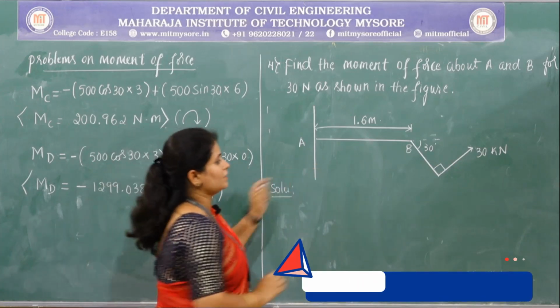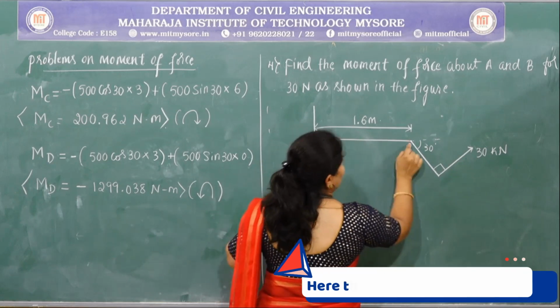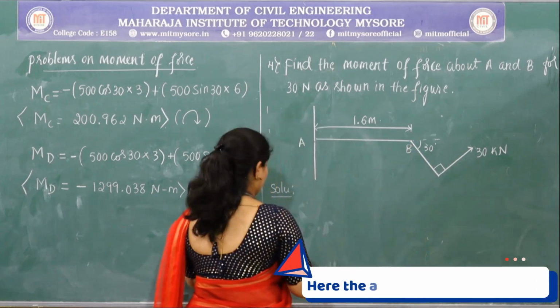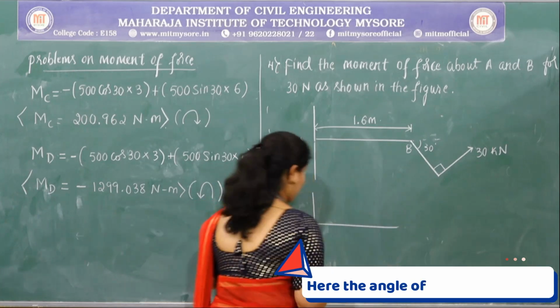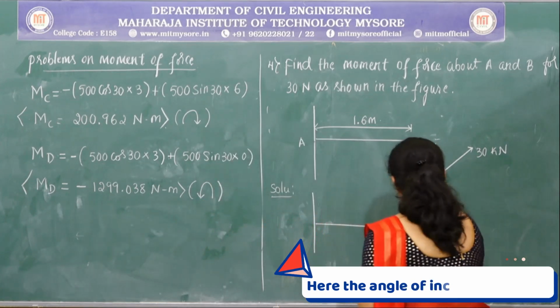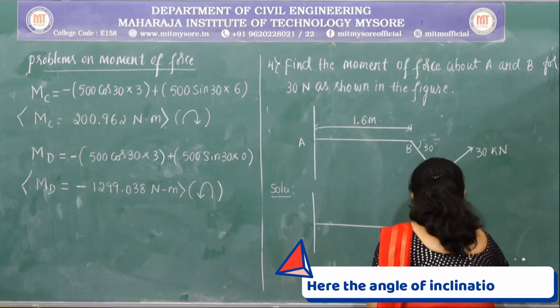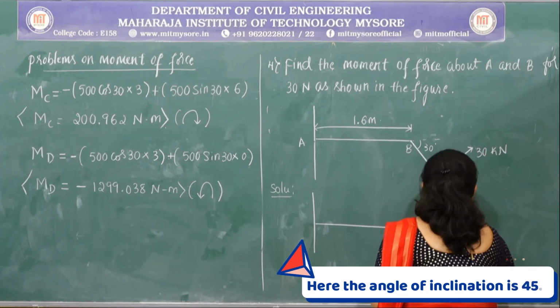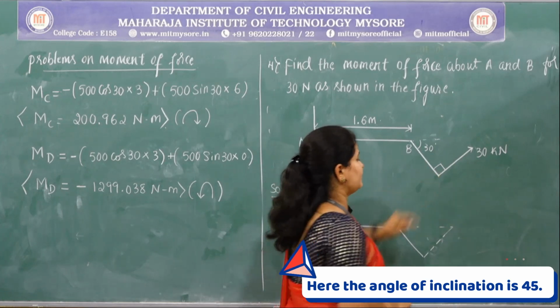We need to find the moment of this 30 kilonewton force about point A as well as about point B. To begin with, first we shall apply the principle of transmissibility, and the direction of the given force will lie in the first quadrant.